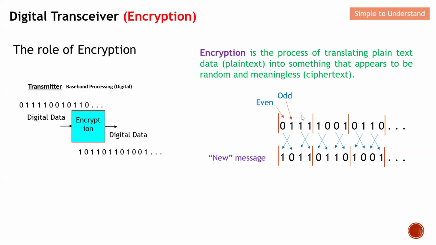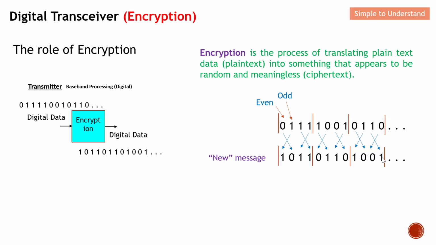When they receive this sequence of bits, they will be able to decode my message. However, they do not know how I did this encryption. By simply interchanging the even bit and the odd bit, I arrive at another message. When they receive this message, they will not be able to recover my original message unless they know that I interchanged the even and odd bits. So the receiver will know the sequence, how to convert this new message back to the original message.